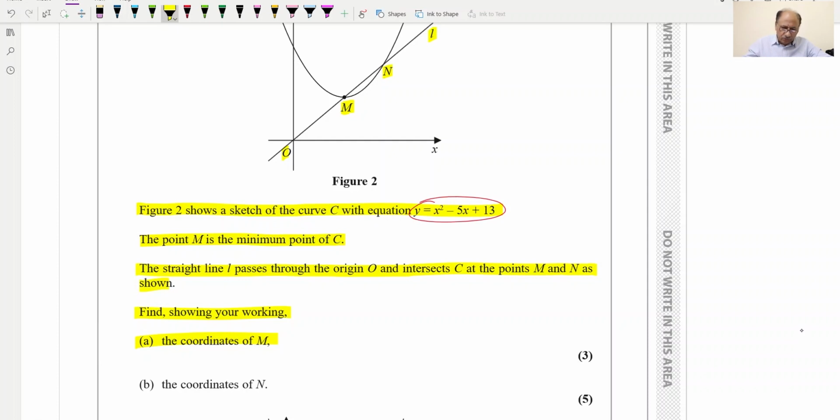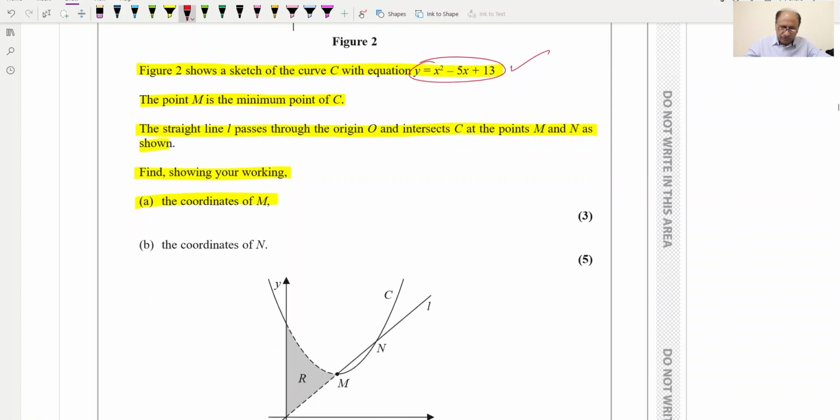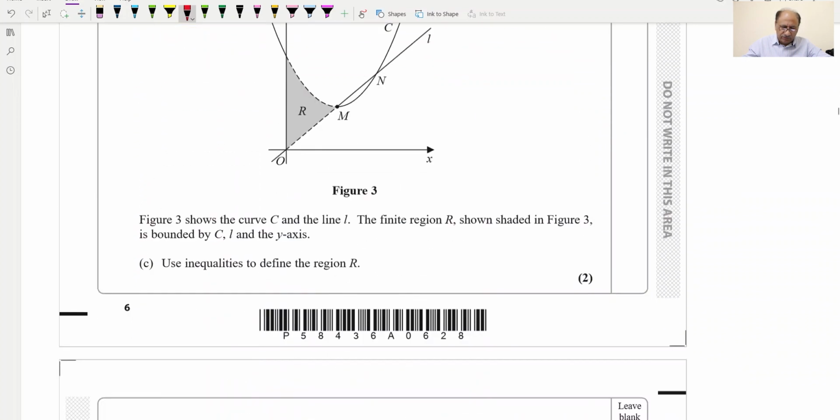So M, we know, is the minimum point, and the equation is given. So we will utilize this given equation and we will find the minimum point. So y is equal to x squared minus 5x plus 13.